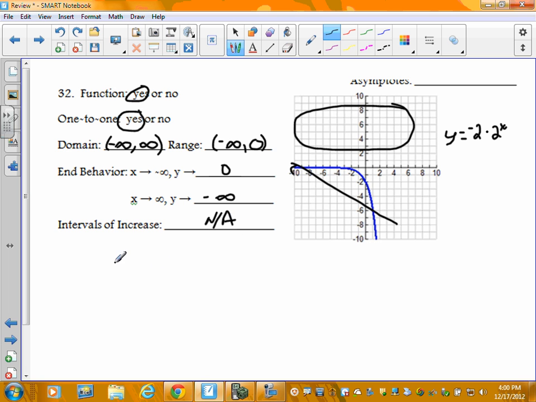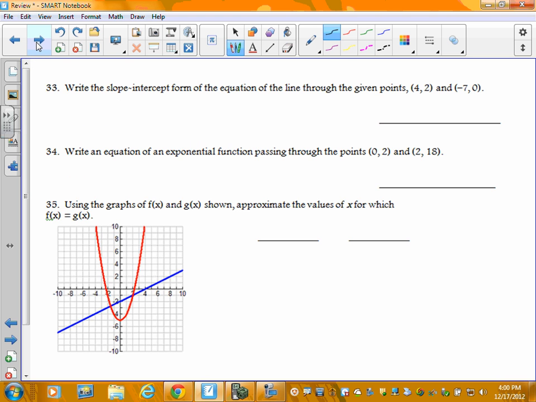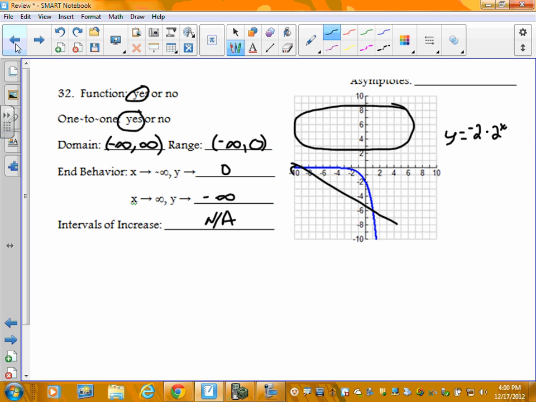So this doesn't have an interval of increase. It only has an interval of decrease. It does have an asymptote. That question must be here somewhere, so let's go with the asymptote. Y equals 0, because that's the line that this thing gets closer and closer and closer to, but never touches. So it'll be y equals 0.